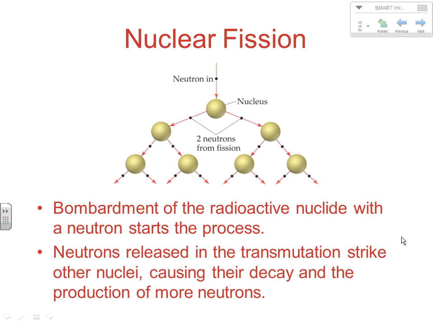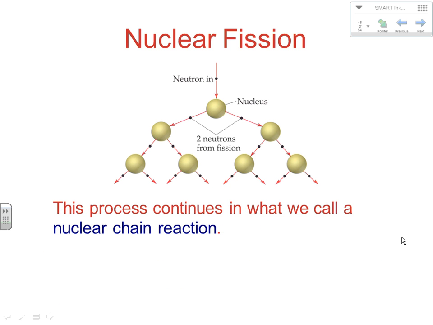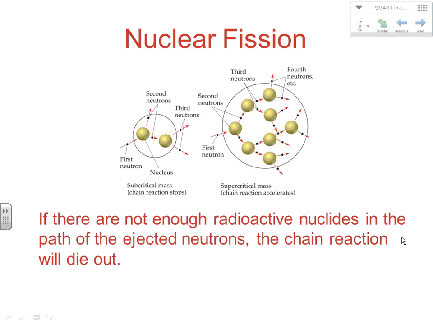And as more neutrons get released in the transmutation, because remember this is induced, we're making this reaction happen, that's going to cause the decay and you're going to get more neutrons. That process continues to grow until we get what's called a nuclear chain reaction. In other words, pushing over one domino will keep other dominoes falling over and over. And it will build. It gets larger and larger, so we're getting greater amounts of energy.